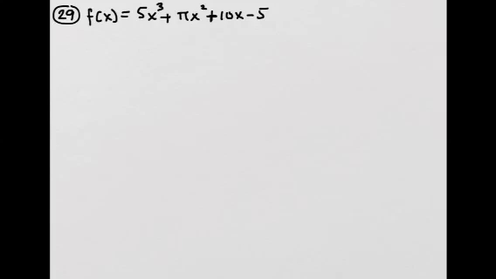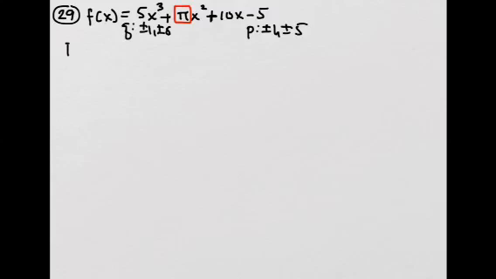Alright, for 29, it's asking you whether you can use the rational root theorem and synthetic division to factor this polynomial. And again, this is going to cause a problem because it's an irrational number, because the p's and the q's are both plus or minus 1 and plus or minus 5, right? So these are the p numbers and the q numbers.